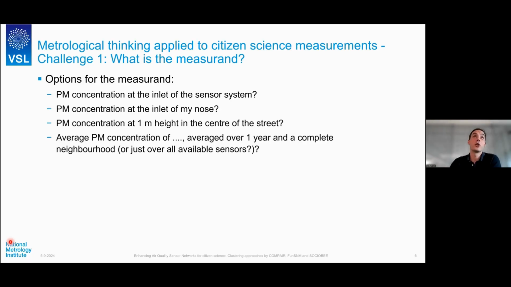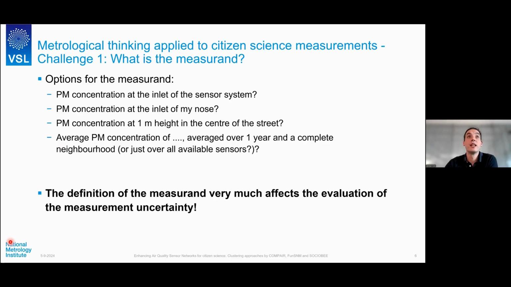But do you average over all available sensors, and what does averaging over the neighborhood mean? Just the outside or inside as well? So if you want to apply this rigorous methodological thinking of metrology to citizen science, there are some challenges to make it very rigorous and precise. And the definition of the measurement very much affects the evaluation of the measurement uncertainty.